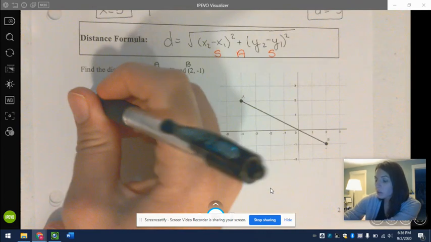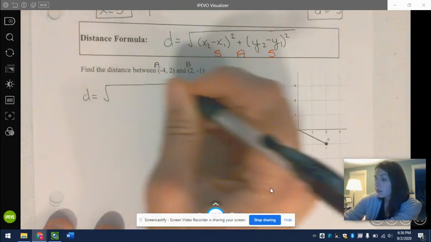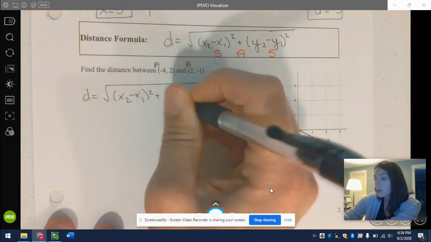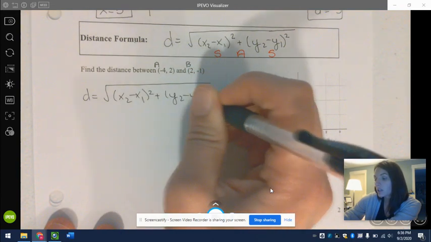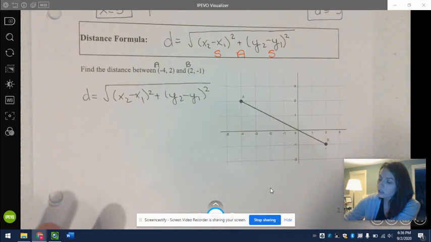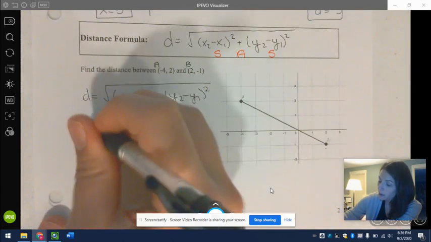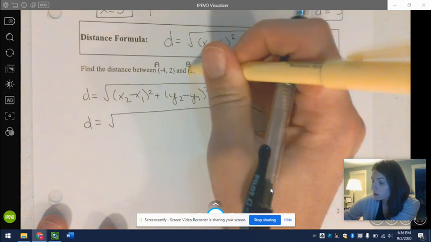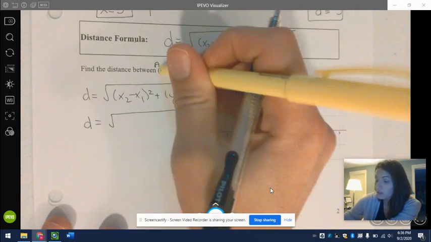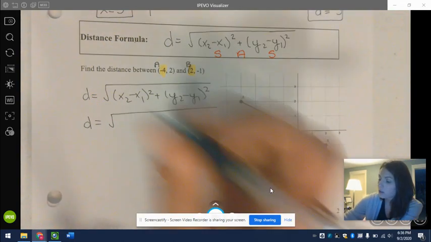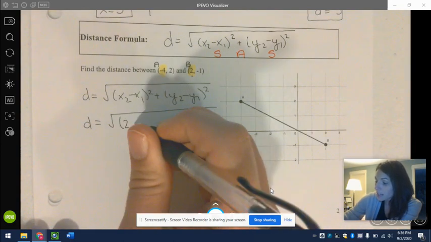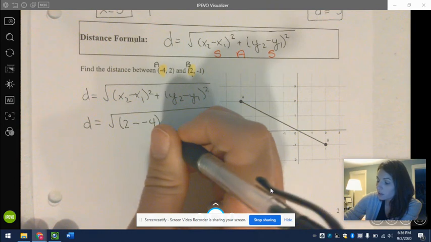Our distance formula tells us that we can take the square root of x2 minus x1 squared plus y2 minus y1 squared. And so substituting in x2 minus x1. Okay, so our x values, 2 minus -4 squared.